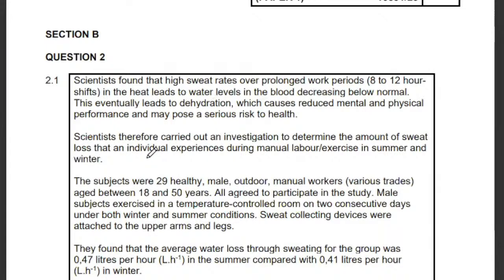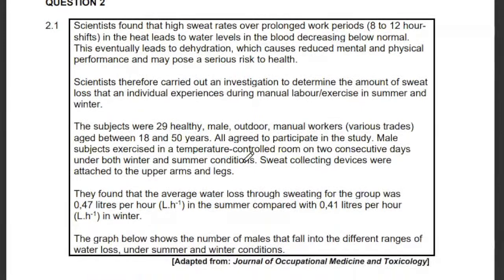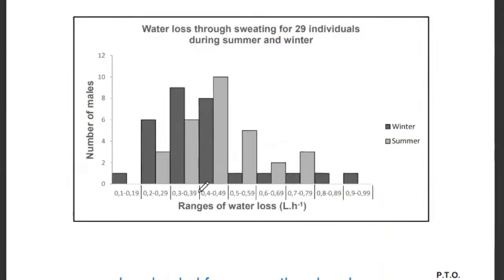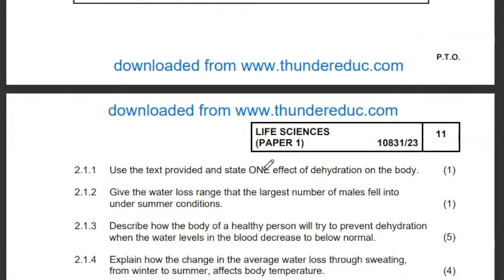So the scientists did an investigation to find out how much water is lost in summer and how much is lost in winter. They're saying: use the text and state one effect of dehydration of the body.